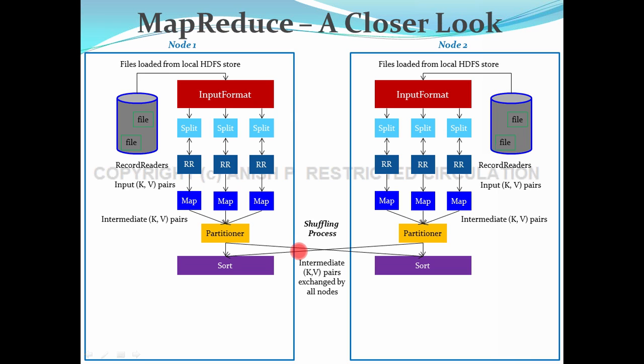Shuffling is a very costly process, but we can't ignore shuffling. This is the single place where my volume of data is traveling across the network. These volumes can be high. If I'm processing petabytes of data, I have a very high volume traveling over the network. So there are a few mechanisms, by the way.